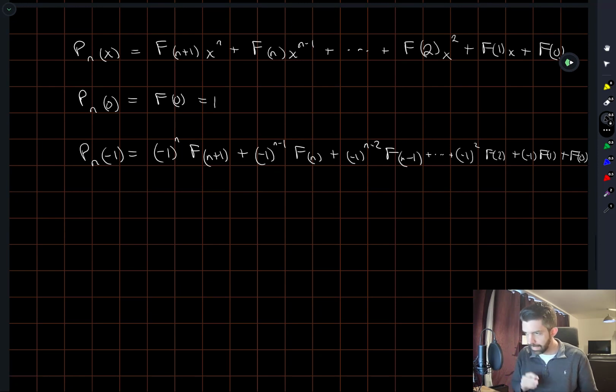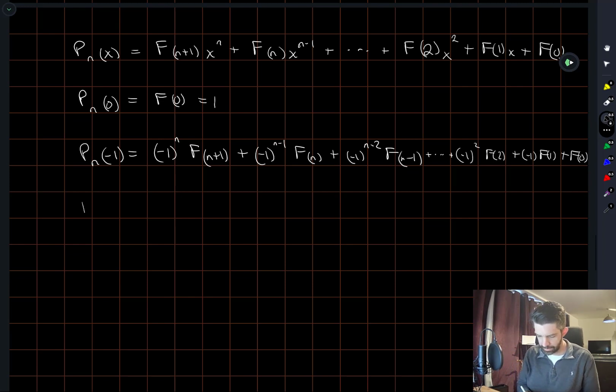So for even values of n, p of negative 1 is positive, and p of negative 2 is going to be even larger and positive. And it's just going to keep growing as we get more and more negative with the input.